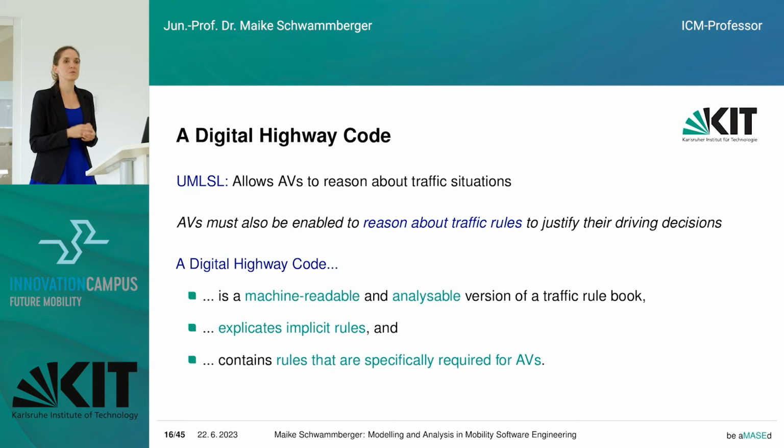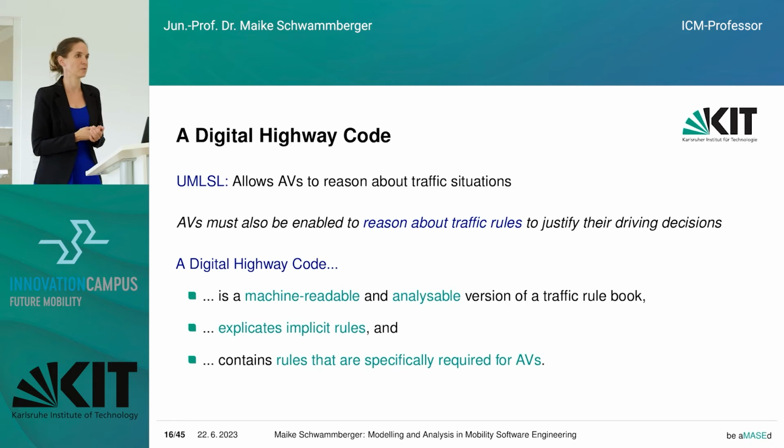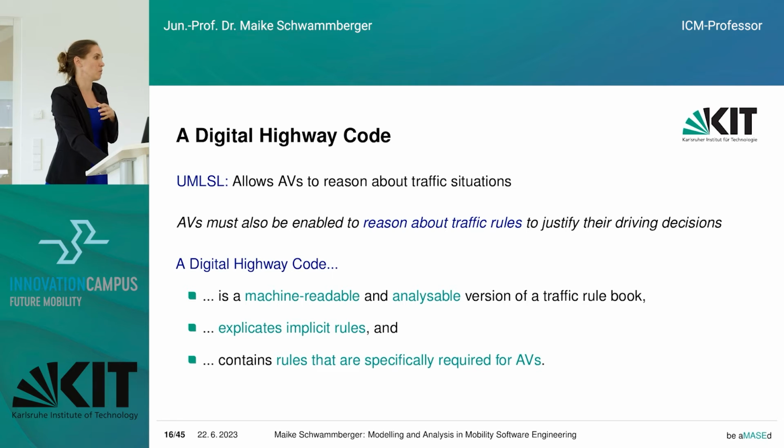Of course, we have also to think about rules specifically for autonomous vehicles. So for instance, there's a traffic rule stating that we should not drive with sunglasses. Probably that rule we don't need for AVs, but there might be other rules we specifically need for AVs. So this means we're not just formalizing traffic rules, but also think further, what other rules do we need that are maybe not in our Straßenverkehrsordnung as we know it from driving ourselves.